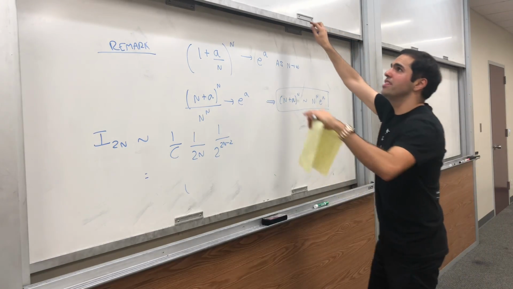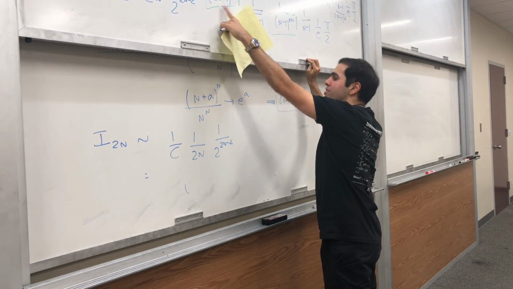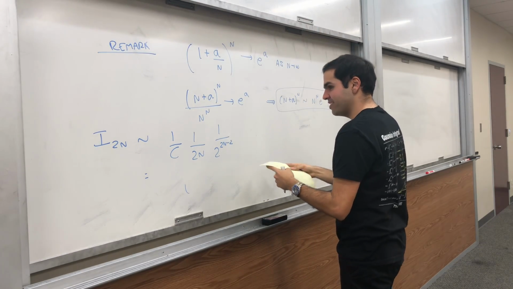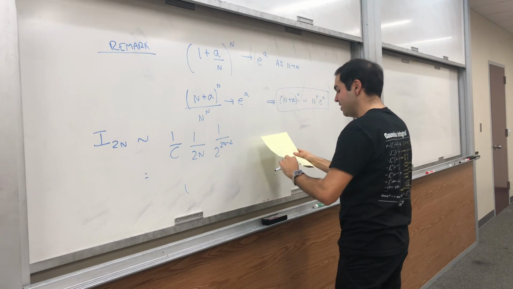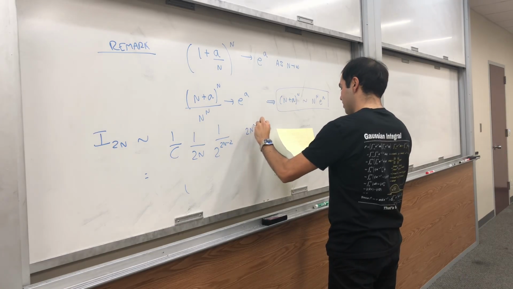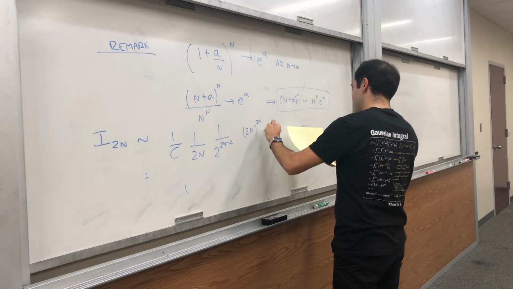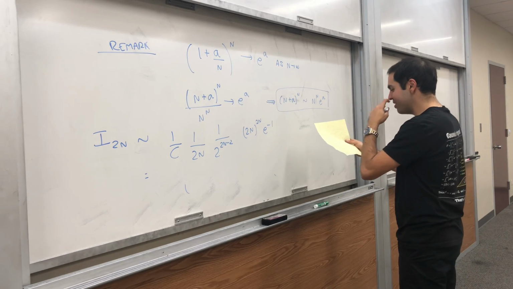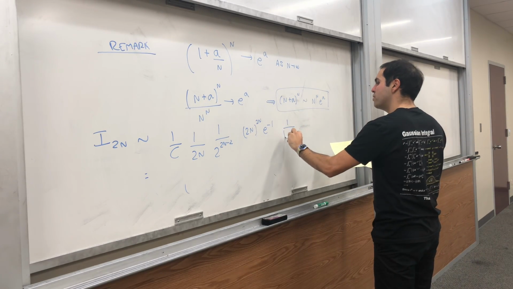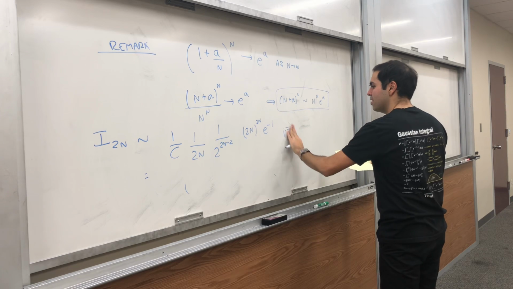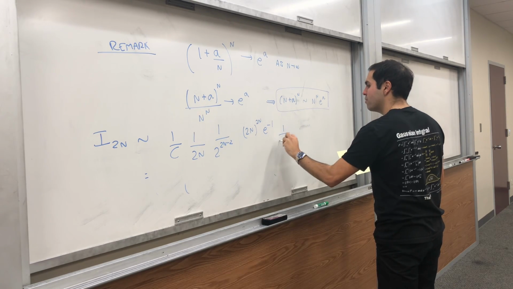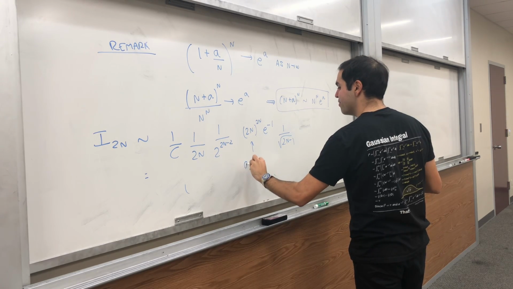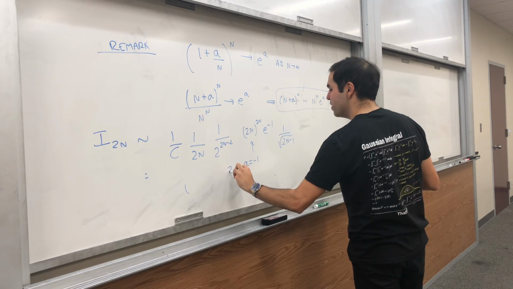And now, using this identity, so using this with this, we then get that this is asymptotic to, let's see, 2n to the 2n, e to the minus 1. Okay, so that's good. And we still have this 1 over square root of 2n minus 1. So maybe here, 1 over square root of 2n minus 1. So here, if a is minus 1 and 2n.